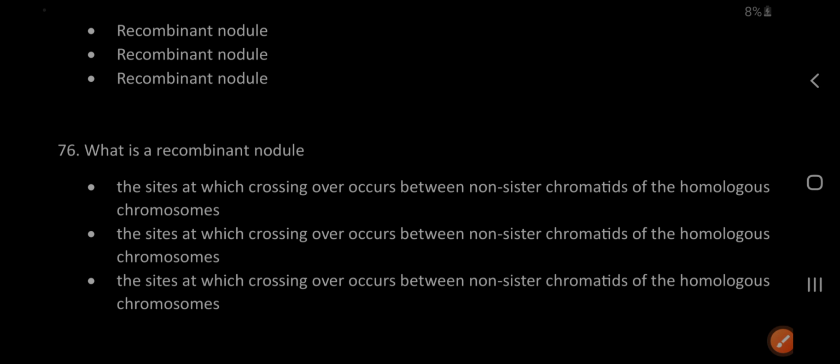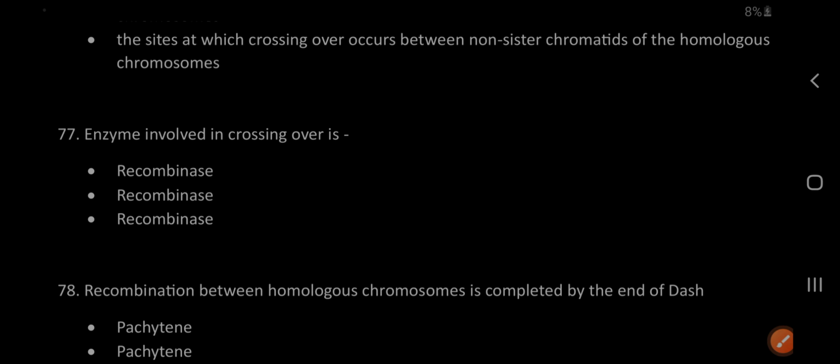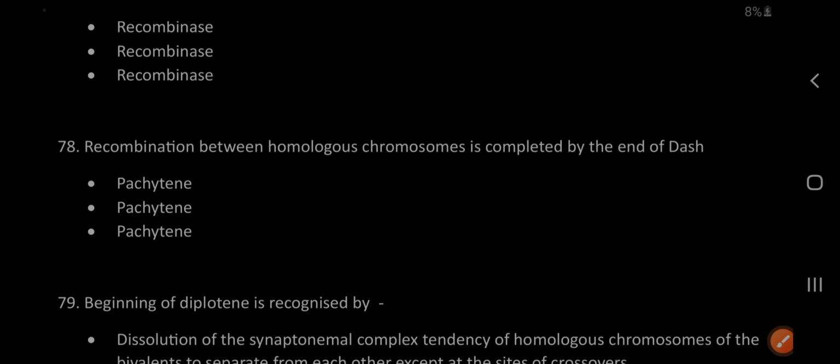The site at which crossing over occurs between non-sister chromatids of the homologous chromosome. Enzyme involved in crossing over is recombinase. Recombination between homologous chromosomes is completed by the end of pachytene.